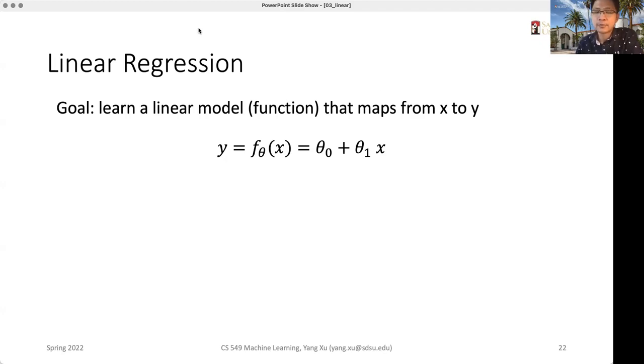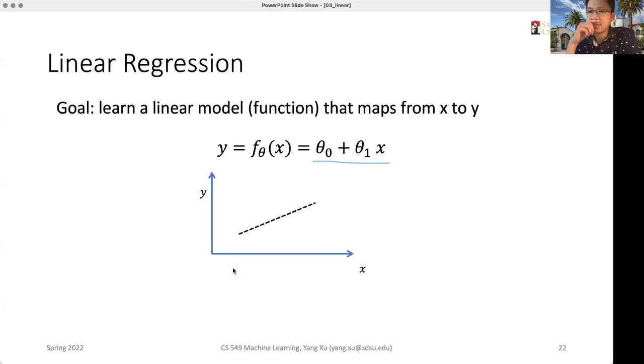The way we write this linear function is to put theta as the subscript, f theta of x. It's a simple linear form, which is theta 0 plus theta 1 times x. If we plot this function with x and y axes, that is basically how it looks.